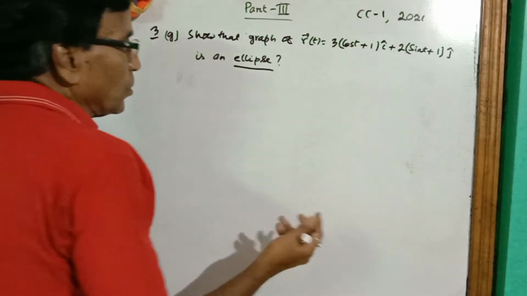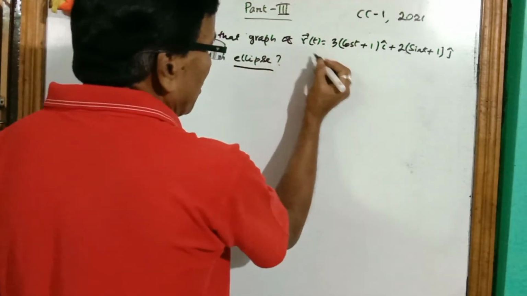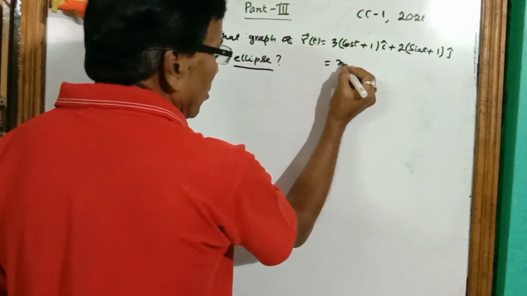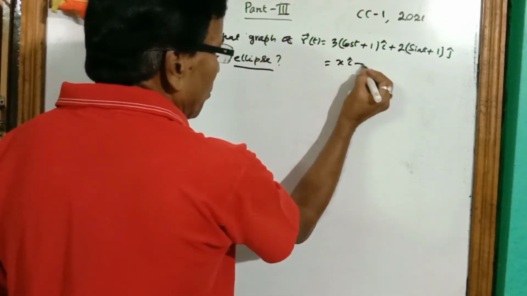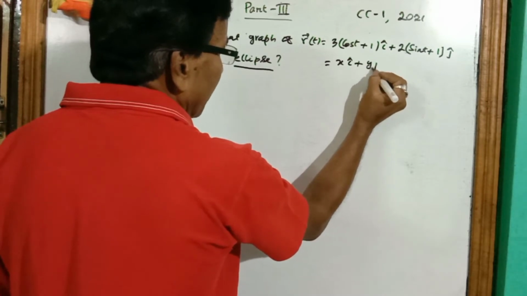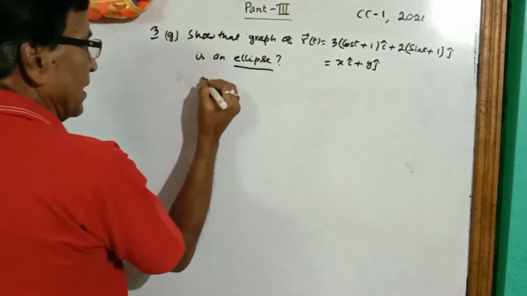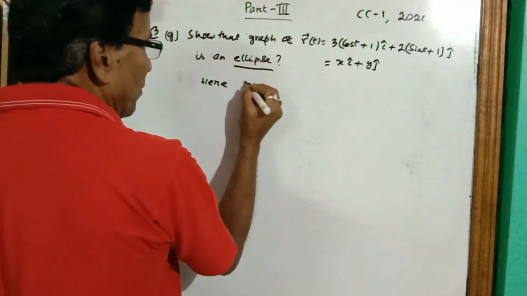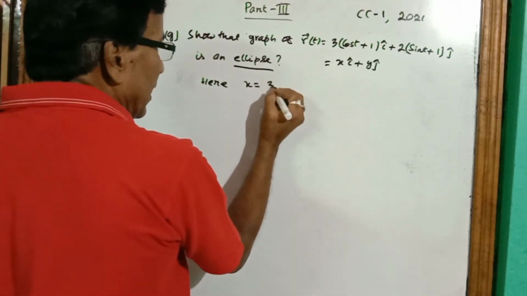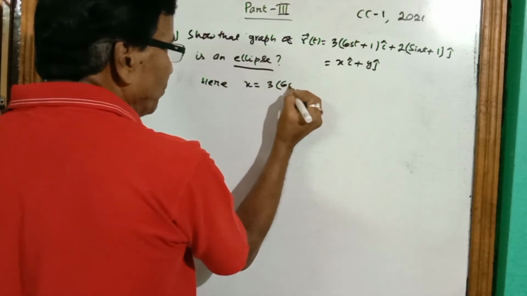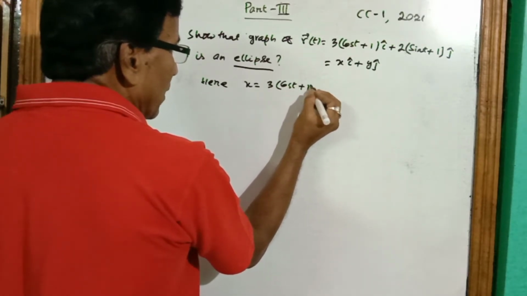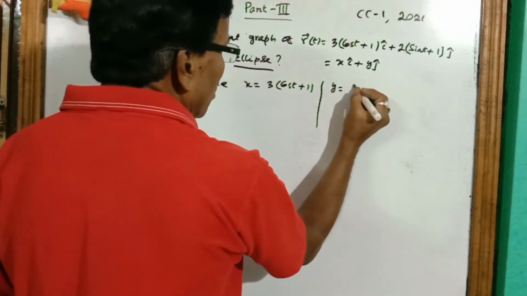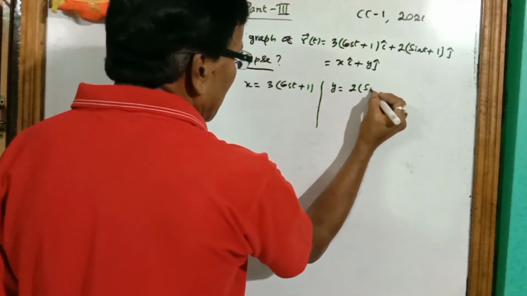We have to prove it. So the vector valued function can be written as r(t) = x i + y j. Here x = 3 cos t + 1, and y = 2 sin t + 1.